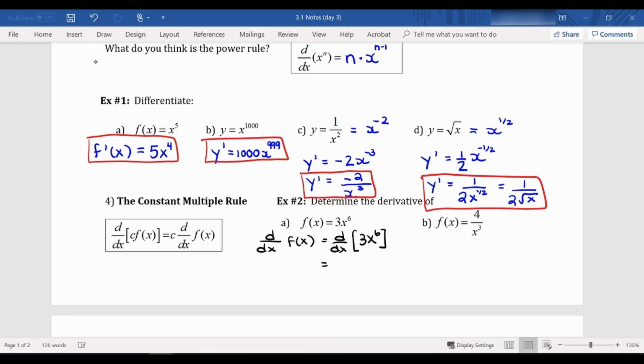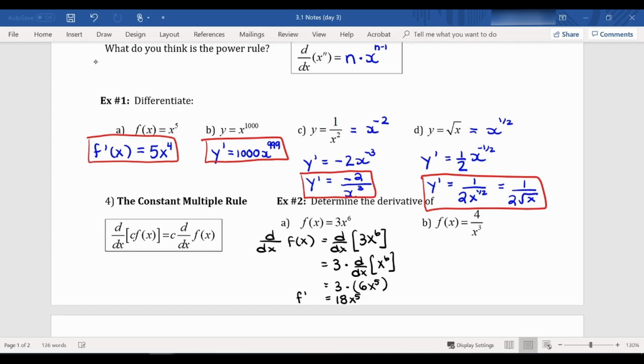And the constant multiple rule says we can take that 3 out and find the derivative of x to the power of 6. And when we do that, this would be 3 times, and the derivative of x to the power of 6 would be 6x to the power of 5. And this is the same as 18x to the power of 5.